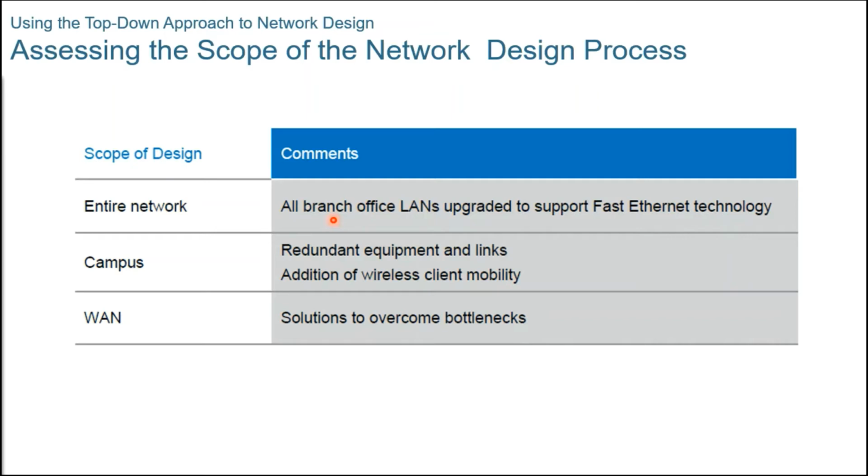Next would be assessing the scope of the network design process. So what would be the scope of the network design? Is it the entire network? Is it the campus or the WAN? You should have identified the scope of your network design.